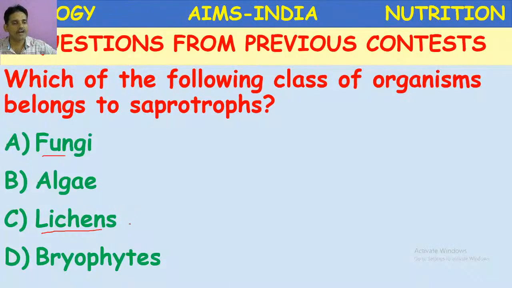Lichen is an association between algae and fungi living together, but the fungi directly get nutrients from the algae, so it need not depend on saprophytic nutrition. Bryophytes are another group of plants, they undergo photosynthesis. So here the correct option is A.